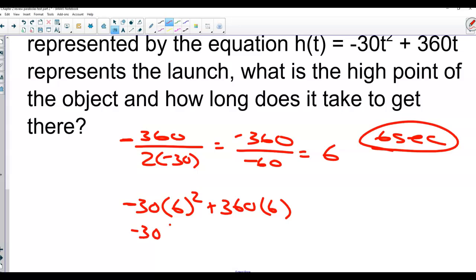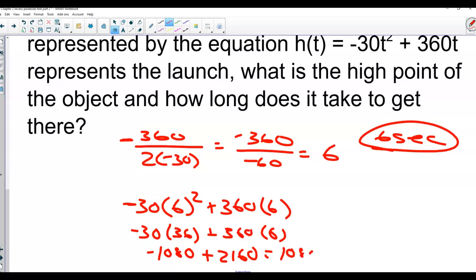You've got to do the exponent first. So it becomes negative 1,080 plus 2,160, and that equals 1,080. So the height would be 1,080.